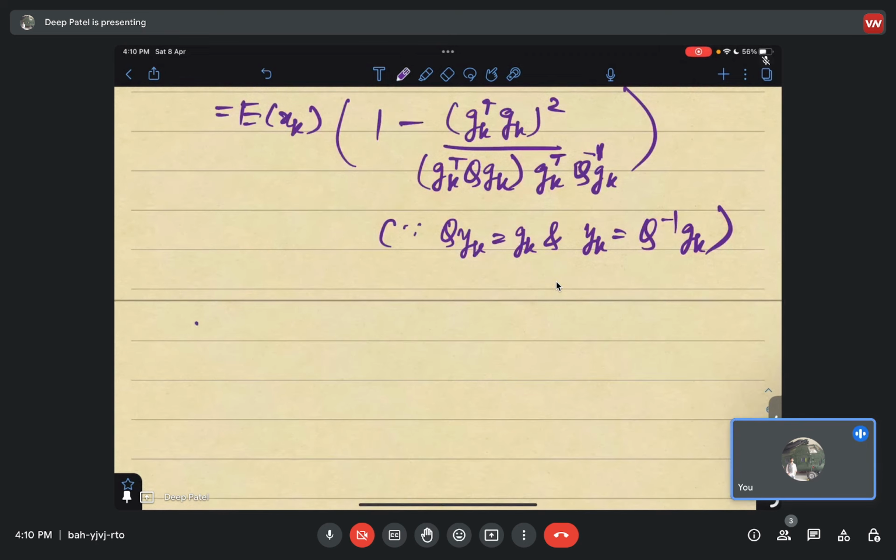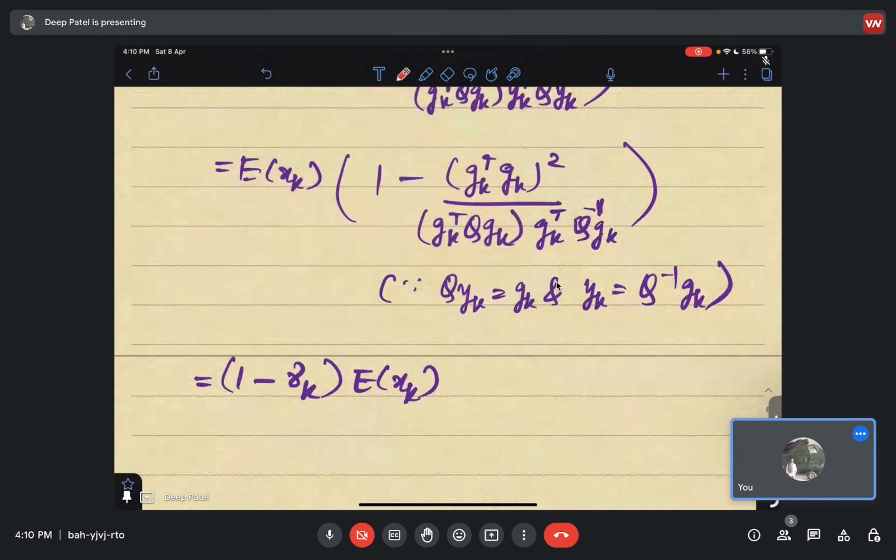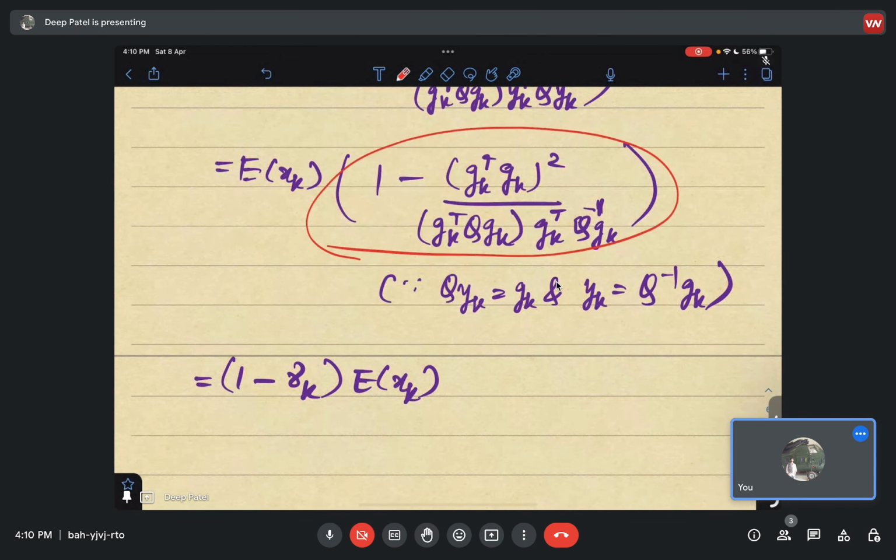Okay, so what I get is 1 minus gamma k exk, where this whole thing is 1 minus gamma k.